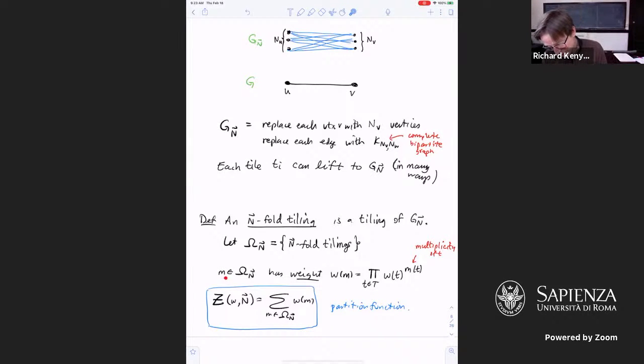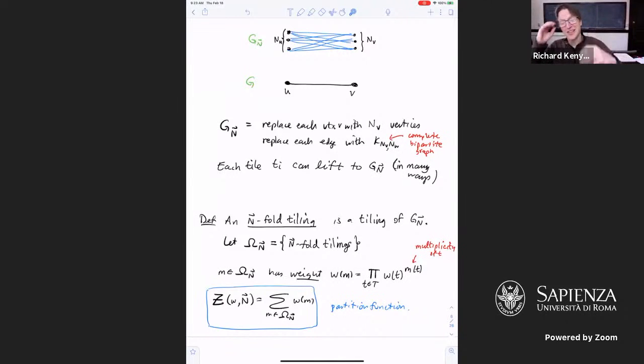And of course, we had this weight function on our tiles. Each tile has a positive real weight, and we're going to use that to give the same weight to the lifted tiles, and therefore a particular tiling now gets a weight, W_m, which is just the product over the tiles of the weight of the tile raised to its multiplicity, the number of times it occurs.